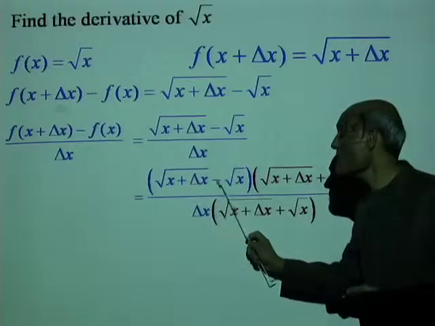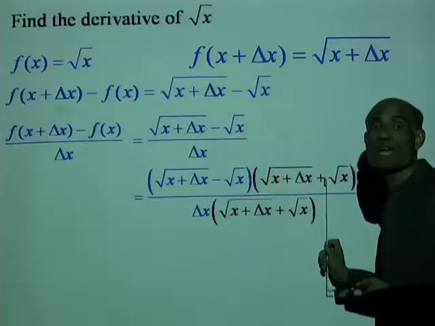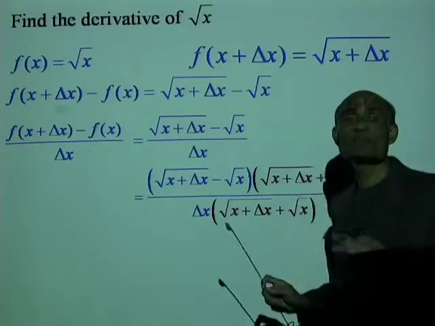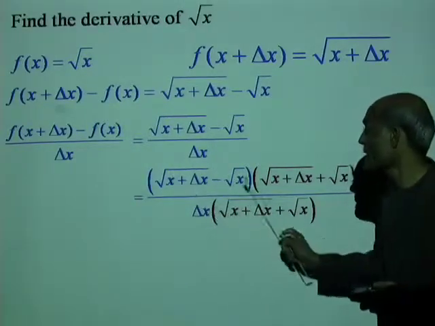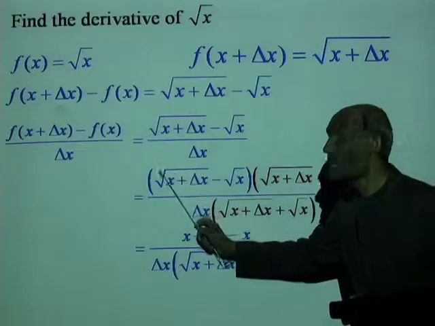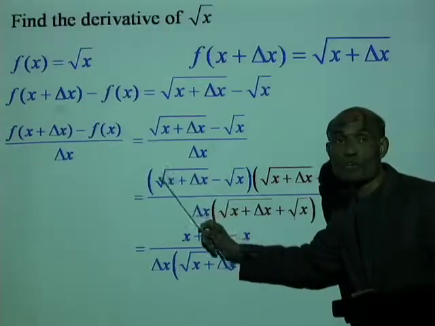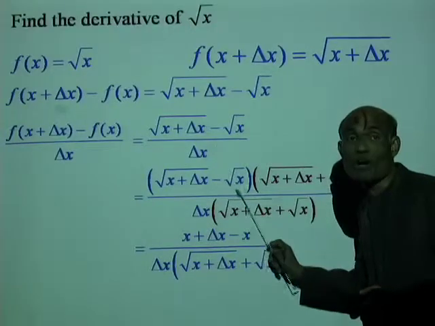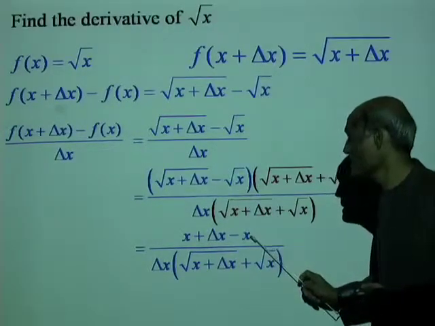What is a minus b times a plus b? It is a squared minus b squared. So what does the numerator become? It will be a squared, the square of this will be x plus delta x, minus b squared is square of this quantity, minus x.